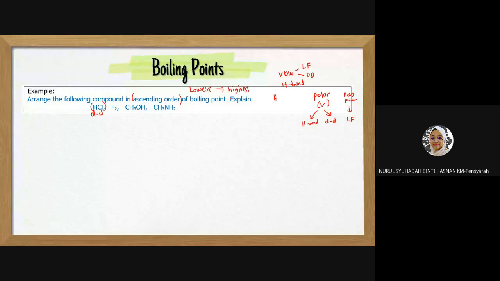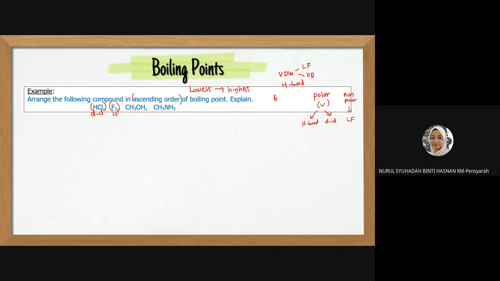Okay, next untuk fluorine. So is F2 polar or non-polar? Non-polar. Okay, very good. Non-polar, so automatically dia akan ada London forces sahaja. Okay, CH3OH, is it polar or non-polar? Polar, betul. Sebab apa? Awak nampak dekat situ atom pun dah macam-macam.